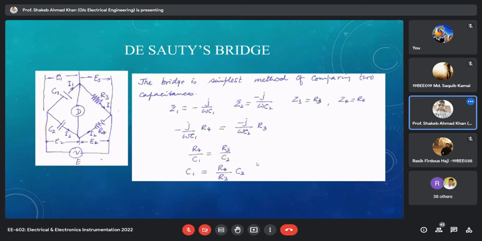So we are having either a resistance in series with the capacitance as an equivalent lossy capacitance equivalent circuit, or a resistance in parallel with the capacitance. If you don't remember, you revise your circuit book, you'll find that the equivalent circuit for lossy capacitance is either resistance in series with capacitance or resistance parallel with the capacitance.